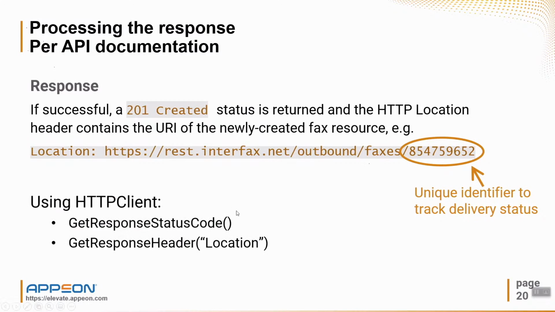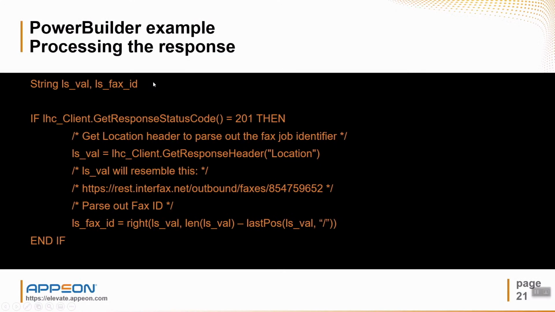So in PowerBuilder, we're going to use HttpClient's getResponse status code and getResponse header methods. So here's a PowerBuilder example. If HttpClient.getResponse status code equals 201, then we're going to call getResponse header to get the location header value, which resembles something like this. And then we're going to parse out this last piece to use as our fax identifier, which we'll use to track the status of this.